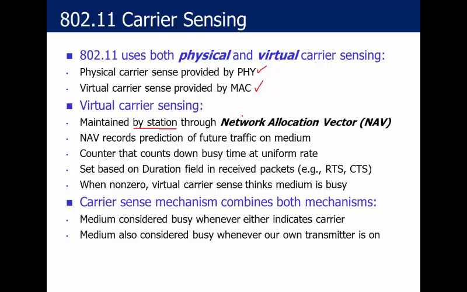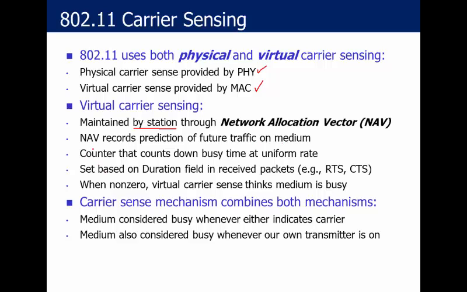So each laptop has a network allocation vector, so that it knows how long to wait, not really minutes, how many microseconds to wait, and what carrier, what sub-carrier, it needs to be in. The NAV records a prediction of future traffic on the medium.